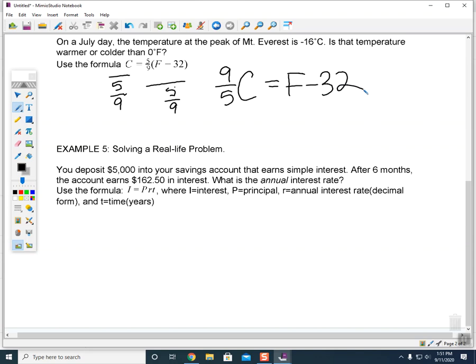Not yet. I need to get my F by itself. How can I get my F by itself? Add 32 to both sides. So now I have Fahrenheit equals 9/5 times Celsius plus 32.